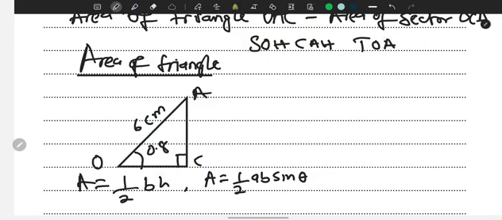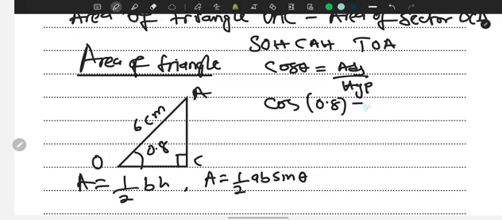We need adjacent to hypotenuse, so we make use of cos. Cos theta equals adjacent over hypotenuse. So we have cos 0.8 equals OC over 6. By the time you cross multiply and press cos 0.8, that will give us 4.18 centimeters. That will be the value of OC.